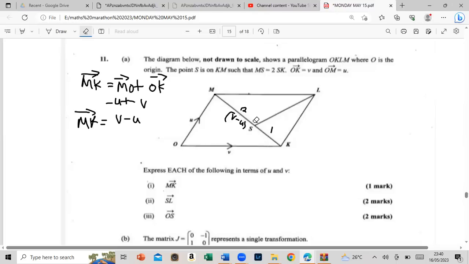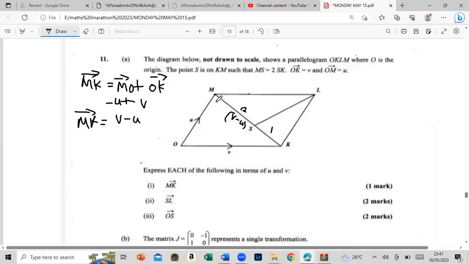Now they're asking us to find, I'm going to take the root from S to L. I'm going to go SK, and then go KL. So that's the root I'm thinking about. I could also take another one, but the distance would vary.